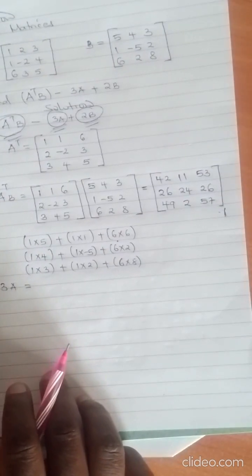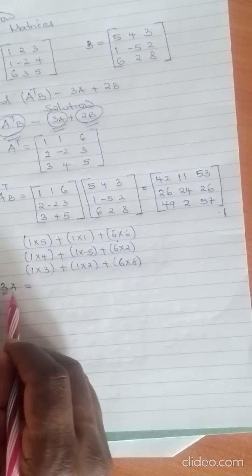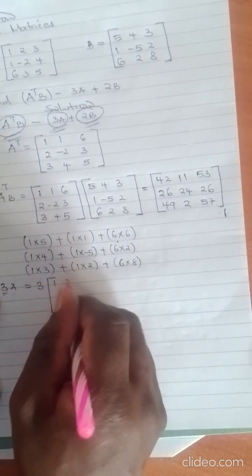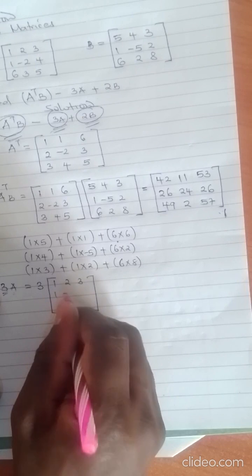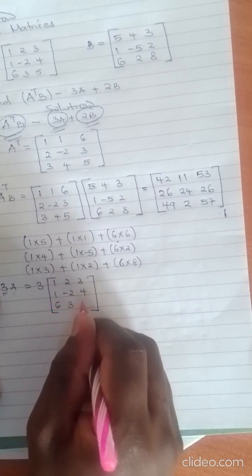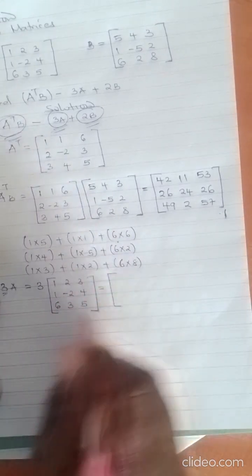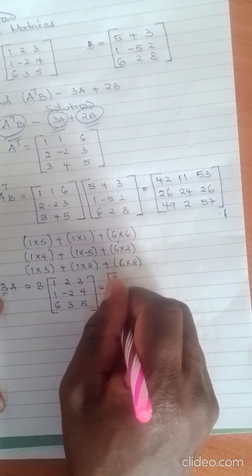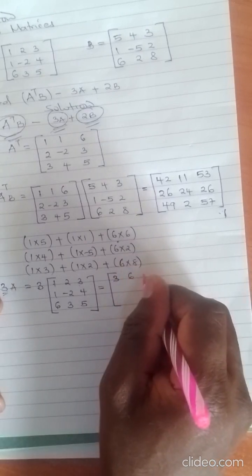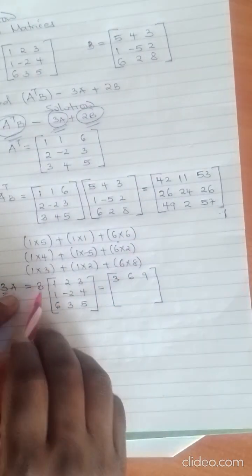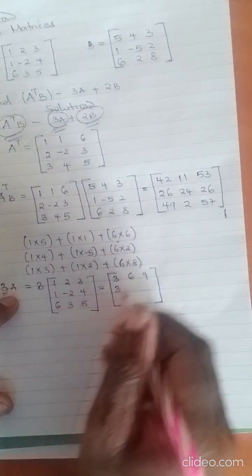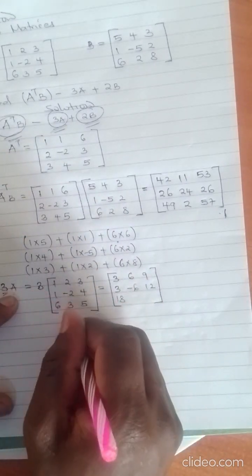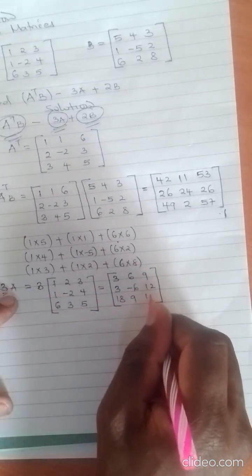The scalar 3 multiplies each element of matrix A. Matrix A is 1, 2, 3, 1, negative 2, 4, 6, 3, 5. So 3 multiplied by 1 is 3, by 2 is 6, by 3 is 9, by 1 is 3, by negative 2 is negative 6, by 4 is 12, by 6 is 18, by 3 is 9, and by 5 is 15.